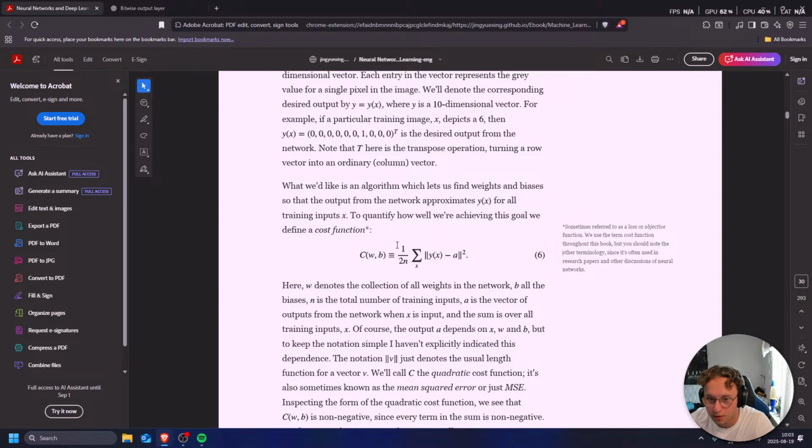I guess the w denotes the collection of all weights, so let's note that. Weights in the network, right? Then b is all the biases.